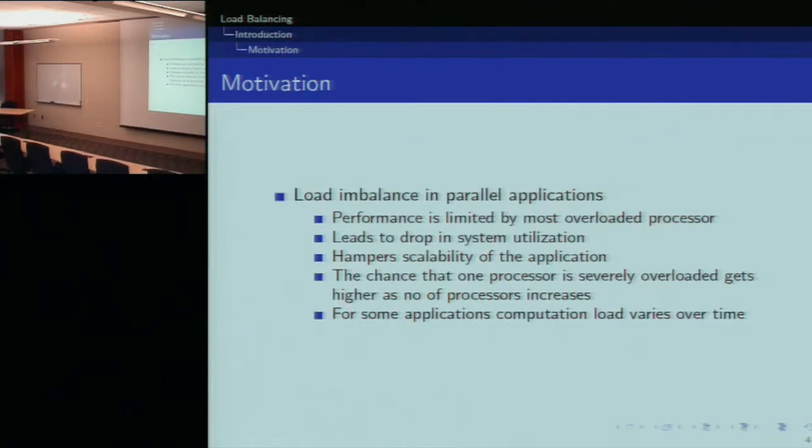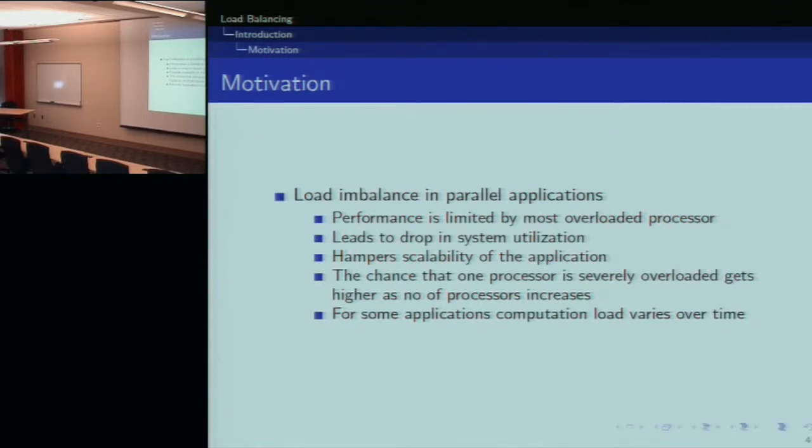For some applications, the load of the processor doesn't change or vary over time. For them, we can use static load balancing strategies: statically distribute the tasks and get done with it. But for many applications that we deal with today, the computational load varies over time, and it is quite hard to predict.